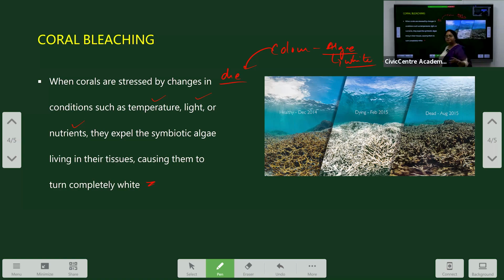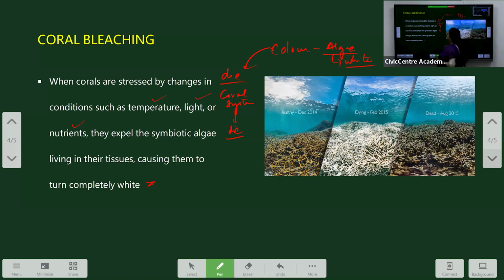And if the same situation continues, the corals also eventually die. So bleached corals does not mean dead corals. But if no measures are taken to prevent coral bleaching, then eventually the coral ecosystem dies, which creates a major imbalance in the ocean, the aquatic or marine ecosystems.